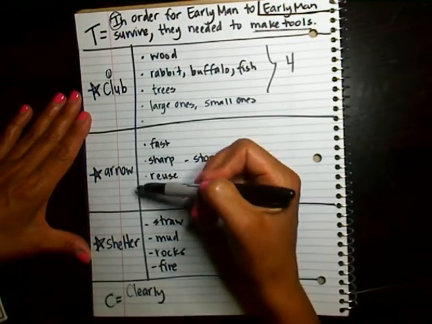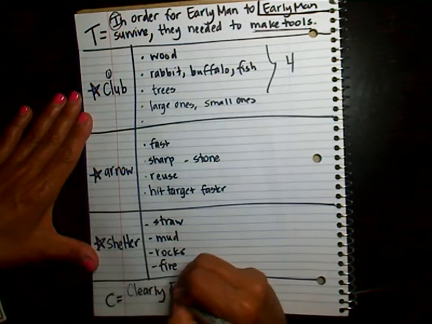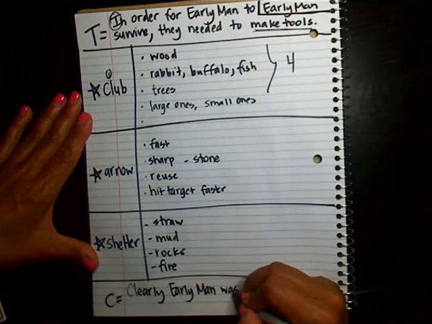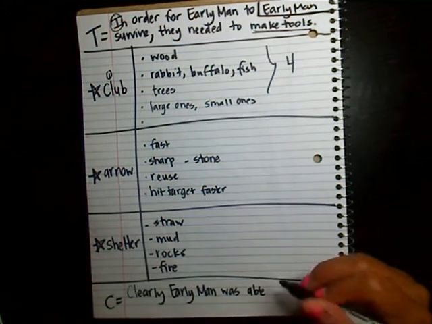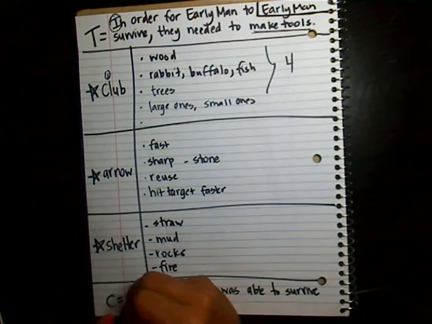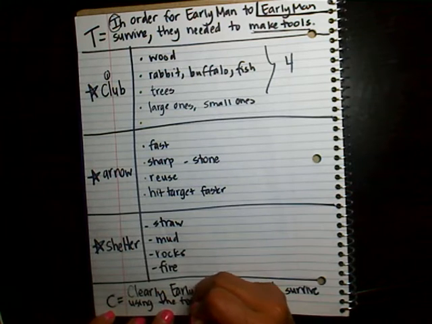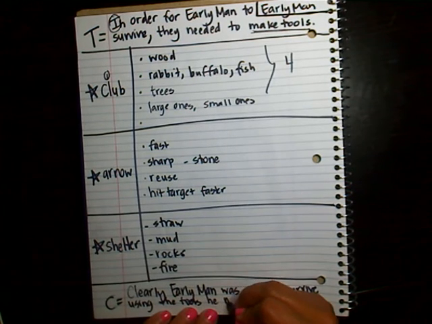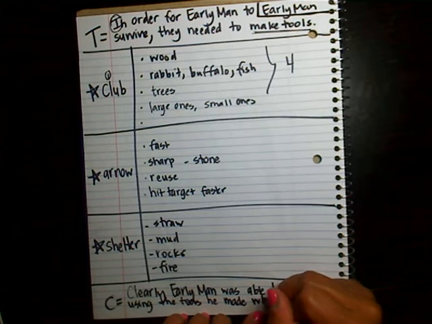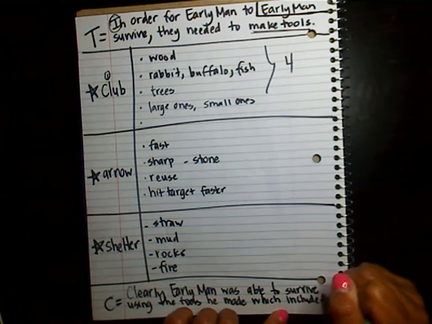I could even list the tools that helped him. So clearly, early man was able to survive using the tools he made which included, and then I'm going to list them right here.